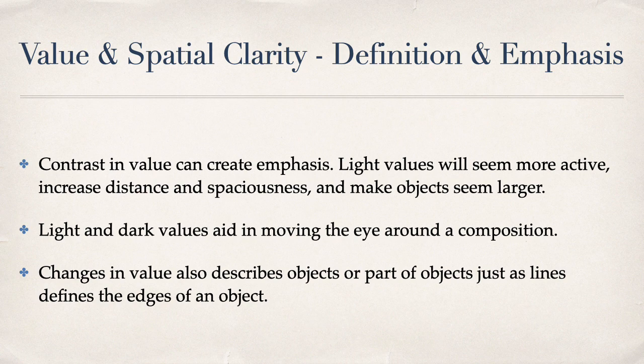Light and dark values aid in moving the eye around a composition, just like a line does, and in doing so, it creates a sense of movement. Changes in values also describe objects or parts of objects, again very similar to what lines do when they define the edges of an object.